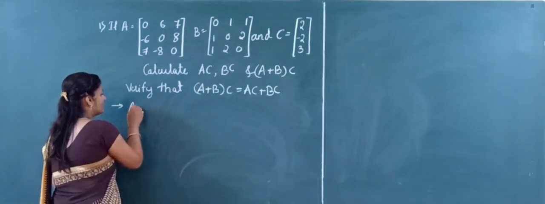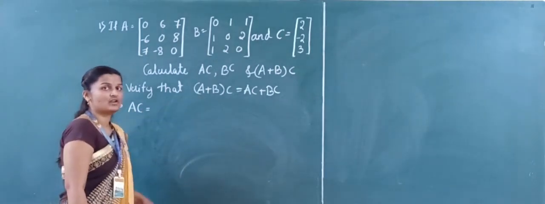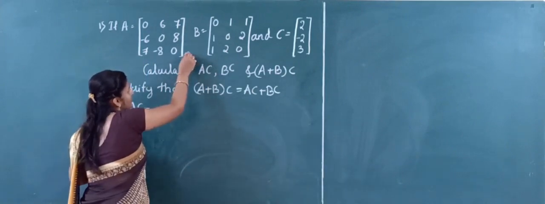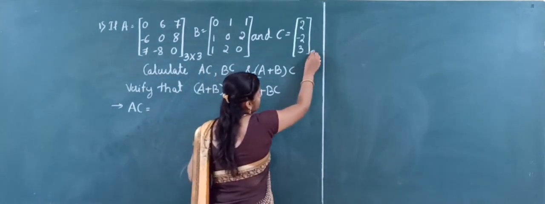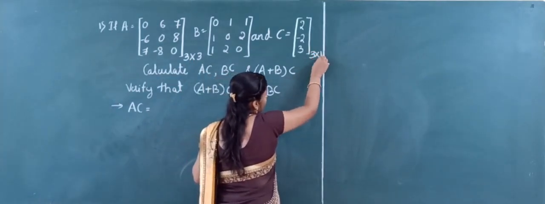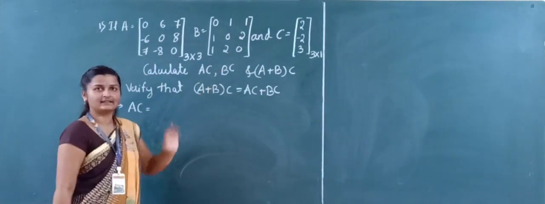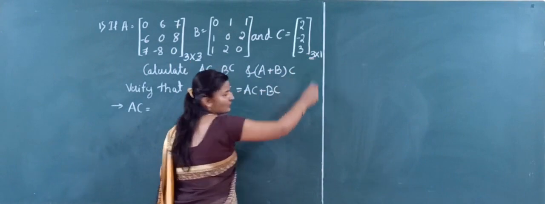So I have to find out AC. Whether we can multiply AC or not, first you have to check the condition. What is the order of A? 3 by 3. What is the order of C? 3 rows and 1 column, that is a column matrix. So can we multiply A to C? Yes. Number of columns is equal to number of rows, 3, 3.